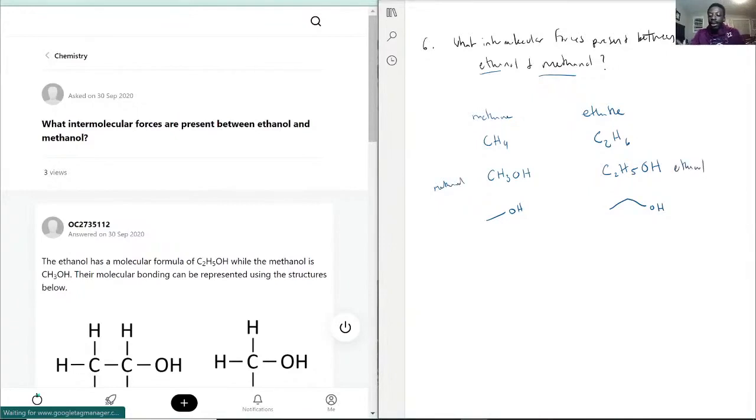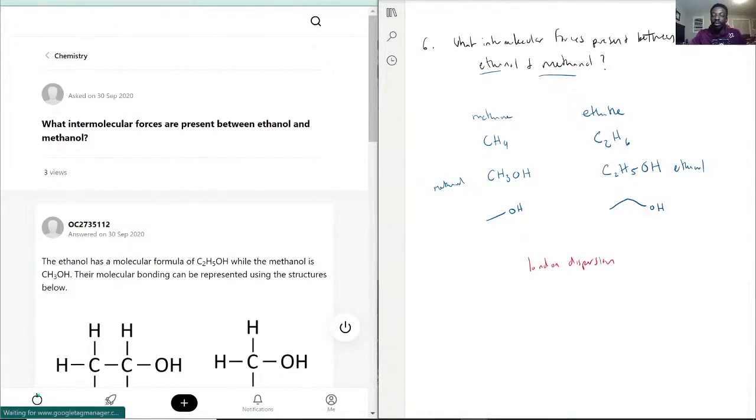Okay, and now they're asking for the intermolecular forces present between ethanol and methanol. So what is the list of intermolecular forces that are possible? We have the London dispersion force, which is present in everything.